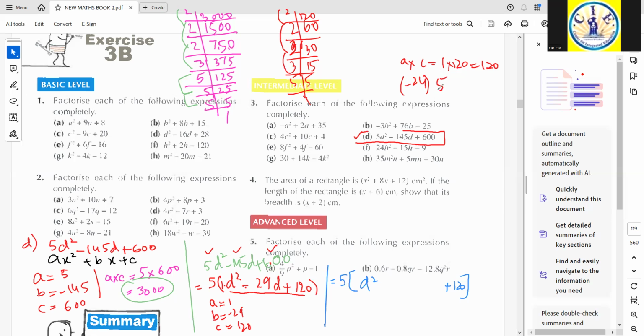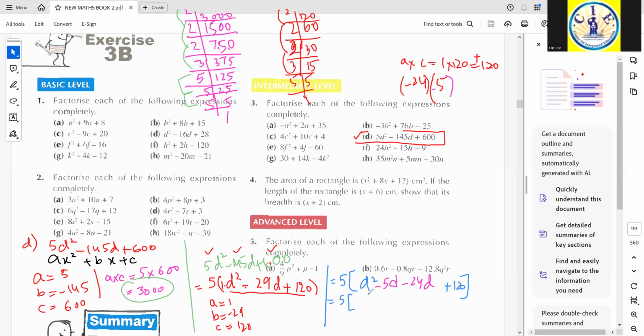And since AC, that is 120, is positive, to make it positive I need a negative sign with 5 also. So that would give me negative 5d, negative 24d.